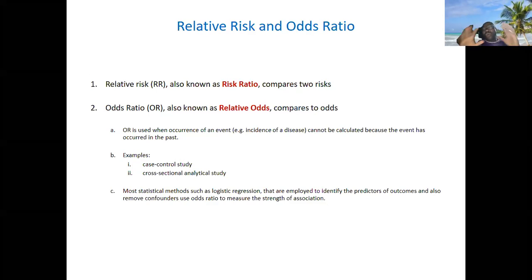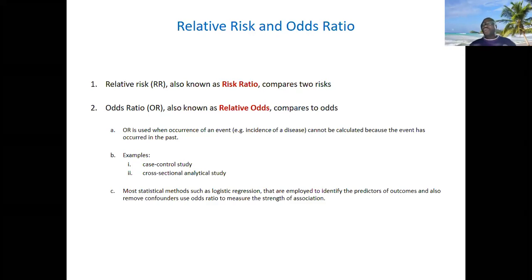Because cohort study is very costly, using it to study a rare disease is a waste of energy. You just spend money for nothing. And because nature has made it such that whenever the disease is rare, the odds and the risk will be almost the same, the relative risk and the odds ratio you calculate will be the same. So when the disease is rare, you calculate odds ratio instead of relative risk.